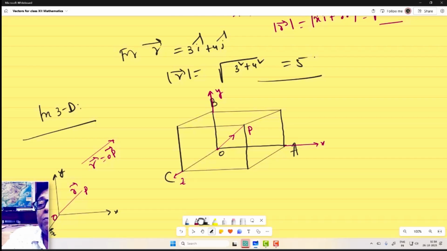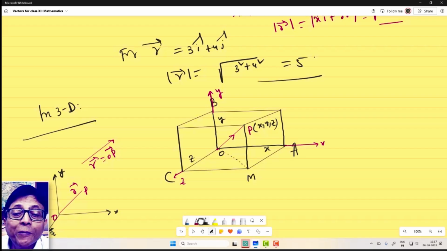And from the idea of class 11 3-dimensional geometry, if this is x, y and z, then the length of OA is x, OB is y and OC is z. And PM is the perpendicular here. You can join this also.